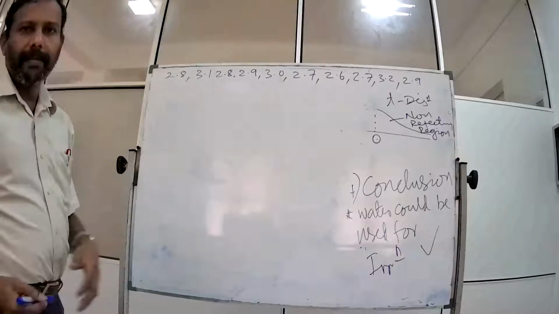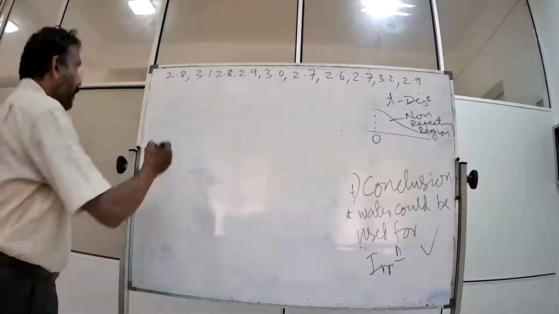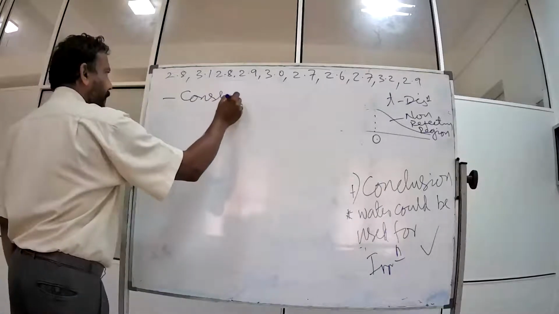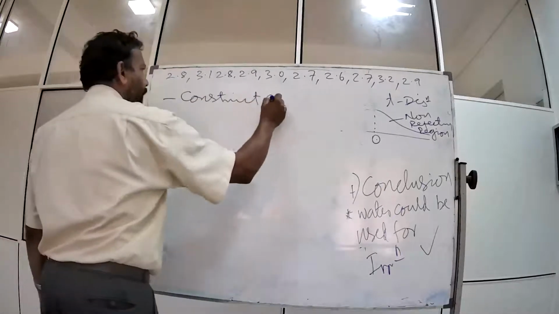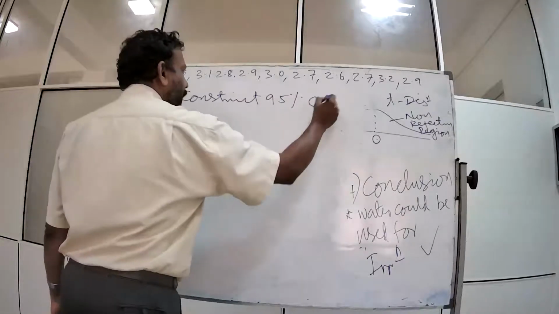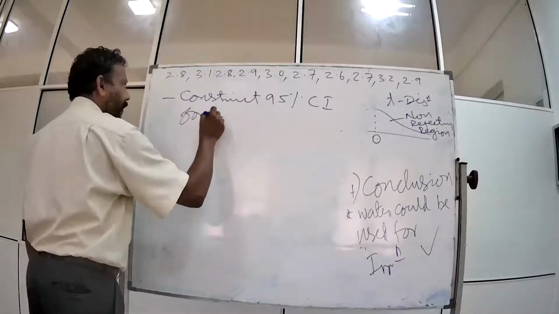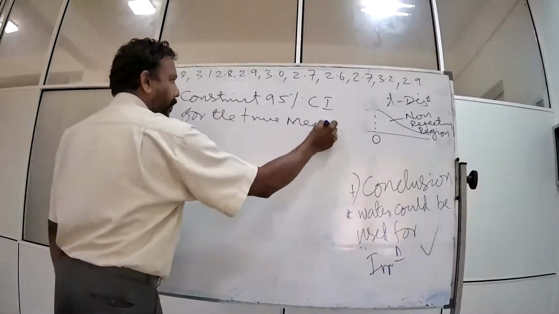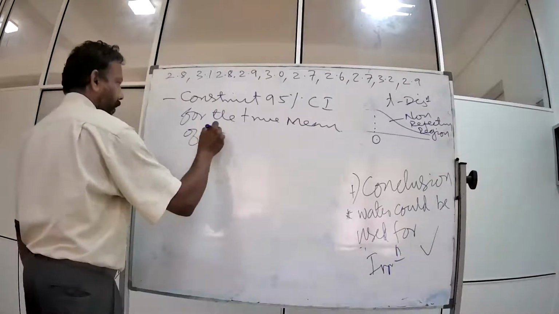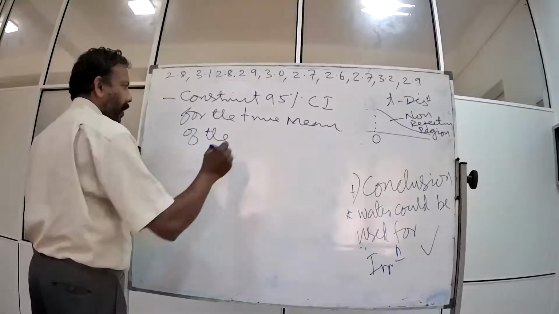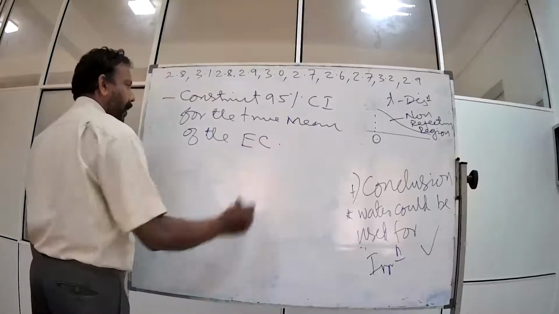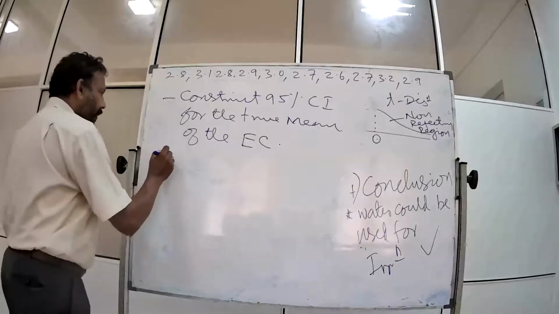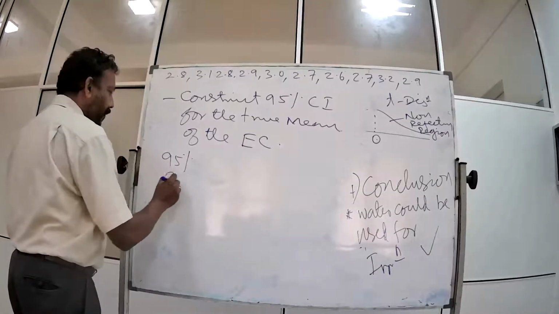Right, we can have a confidence interval also. So if I ask you to construct a 95% confidence interval for the true mean of the EC, electrical conductivity, I'm simply going to construct the 95% confidence interval.